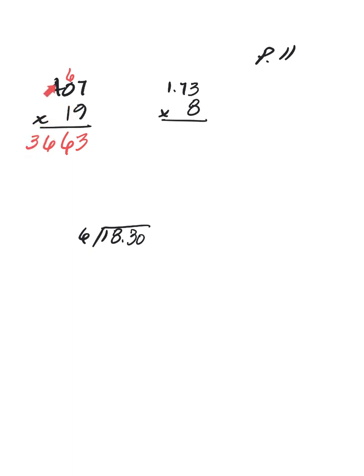So we multiplied 407 times 9. Now we're going to do the 407 times the 1, and I'm going to do this in blue. We do 7 times 1, and we get 7. Notice I indented one place. A lot of students will put a 0 in here just as a placeholder, just so there's nothing there.